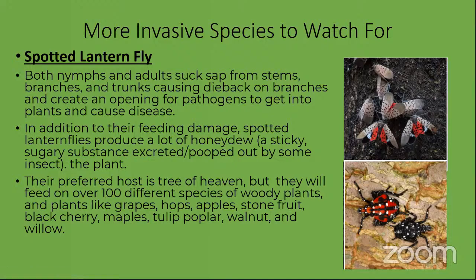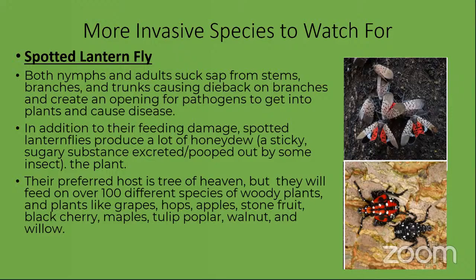The main thing that they do is they're a sap-sucking insect. And so they suck the sap from stems and branches and trunks of plants. And when they do this, they also create an opening for pathogens to get into the plants and cause disease.